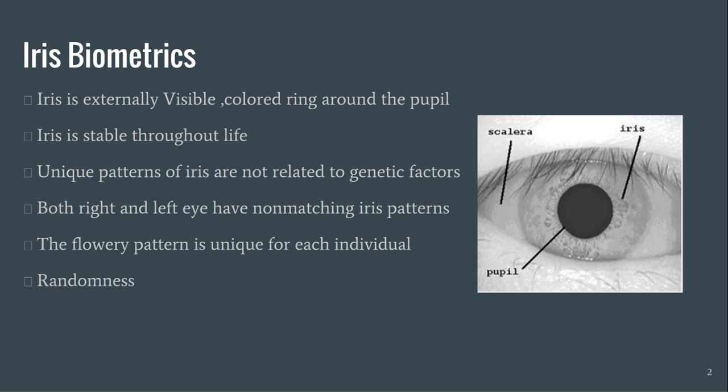So it's very apparent that you might not have the same iris patterns as your parents, and even twins don't have the same iris patterns, because even the right and left eye of an individual cannot have the same matching iris patterns. The flowery pattern is unique for each individual, and there is a lot of randomness.